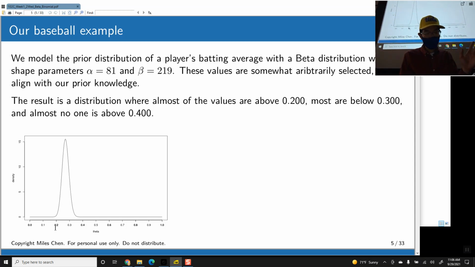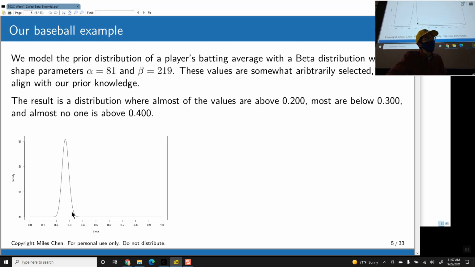And this is satisfactory to us because almost none of the values are below 0.2. We've got nothing above 0.4. And the vast majority are under 0.3, which fits our prior knowledge of baseball performance, where we know that as far as batting averages go, most baseball players have a batting average above 0.2, and most have a batting average below 0.3, and perhaps the greatest baseball players might have a batting average of 0.33, 0.34.